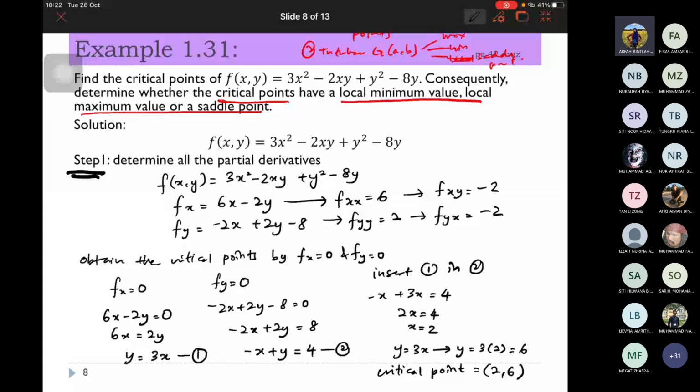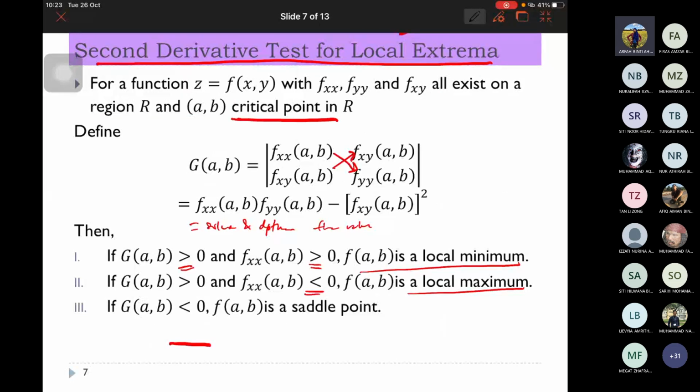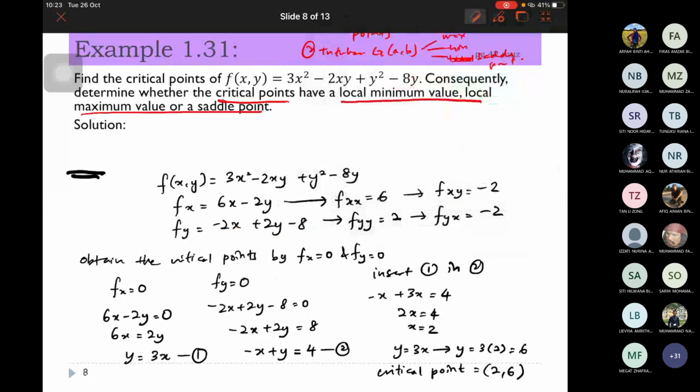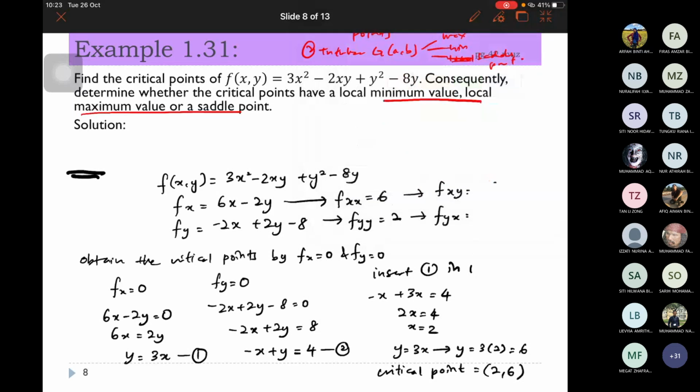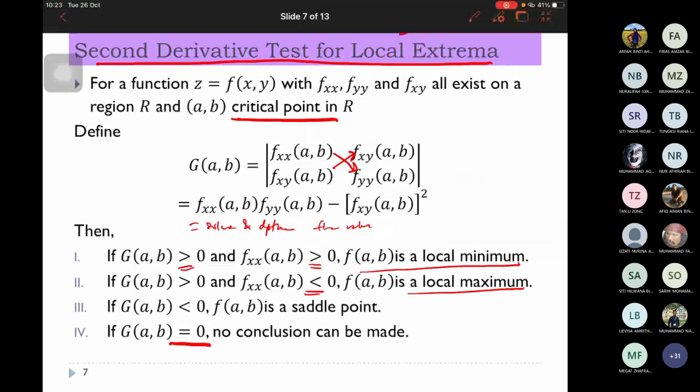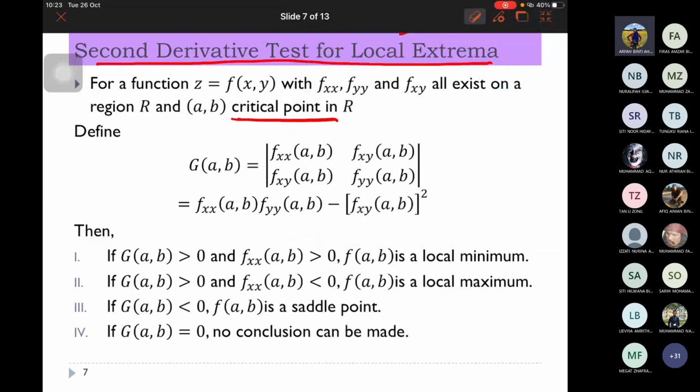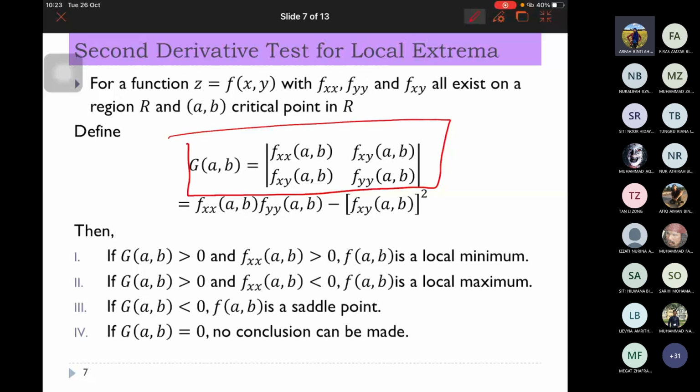Okay, step kedua, kita nak dapatkan this one, yang ini, GAB. Okay. So, kita nak dapatkan this one, the GAB. Dan menggunakan this information. Okay. So, we want to find GAB equal to FXX, FXY, FYY.